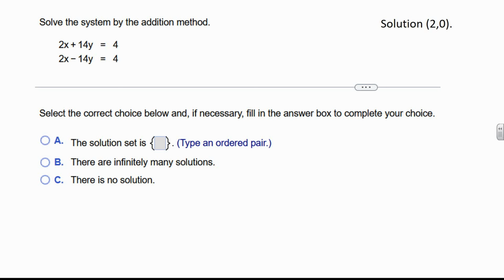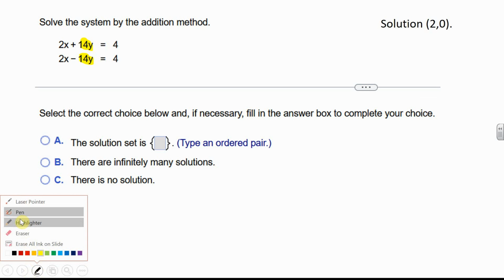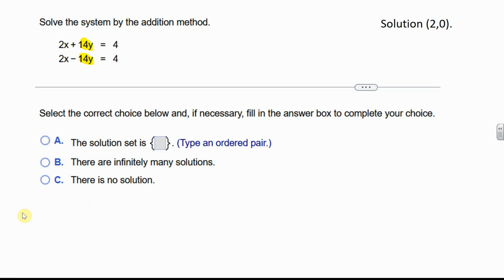You look at the first equation, 2x plus 14y equal to 4, and then 2x minus 14y equal to 4. Now notice that if I add these two equations, then automatically the y cancels.